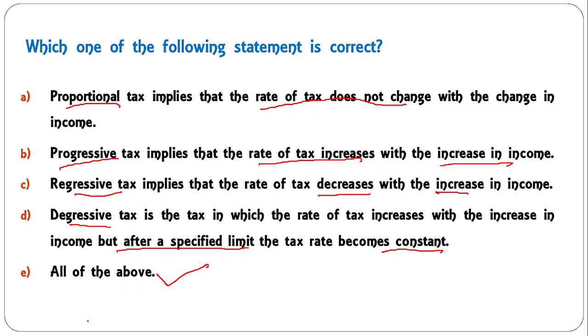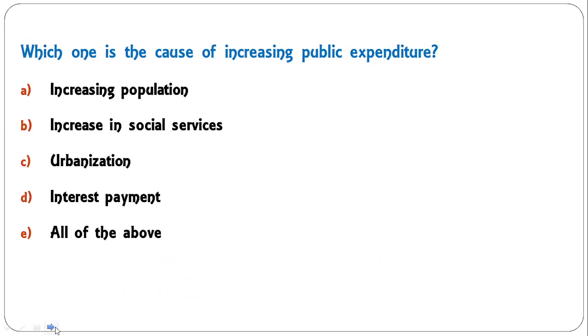You need to see it properly and understand the concept properly. Which one is the cause of increasing public expenditure? Increasing population, increase in social services, urbanization, interest payment, all of the above. Yes, dear students, all of the above is the correct answer here, because public expenditure is increasing because of all these factors.